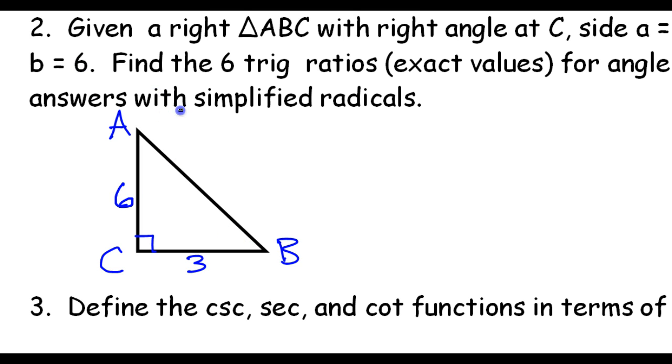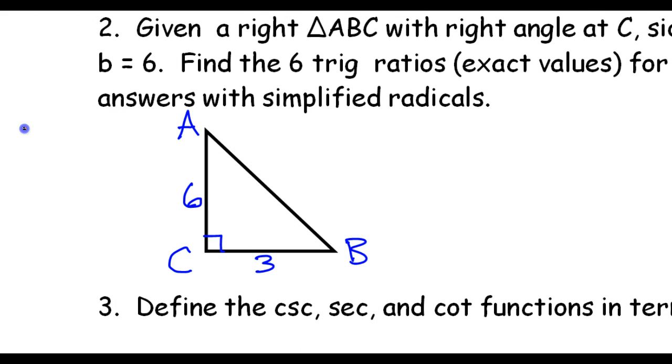Now find the 6 trig ratios. Well, to do that, we need to find the hypotenuse. So what do you think I'm going to do? Pythagorean theorem, just like the last ones we did. 6 squared plus 3 squared is equal to the hypotenuse squared.